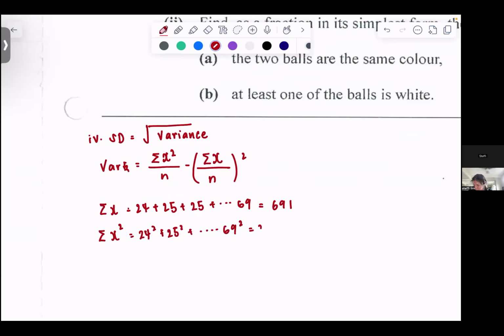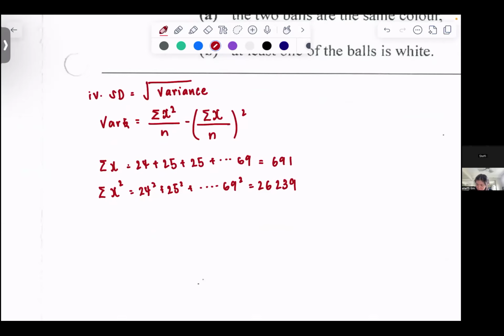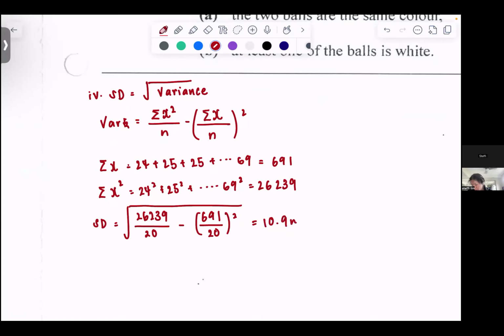This is a big number, 26239. Then after that, I just put it back into this variance formula: 26239 over 20 minus 691 over 20, whole thing squared. So my standard deviation is just 10.9, 3 SF.